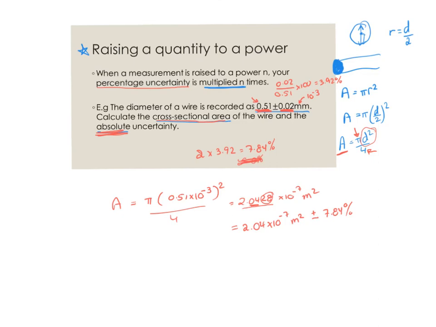So to find the absolute uncertainty, I just simply need to multiply this number by 7.84 divided by 100. So that would be 2.04 times 10 to the minus 7 times 7.84 divided by 100. That gives me 1.6 times 10 to the minus 8.